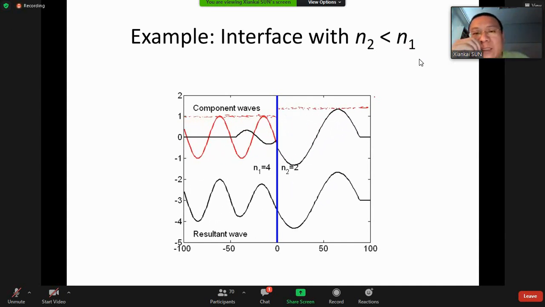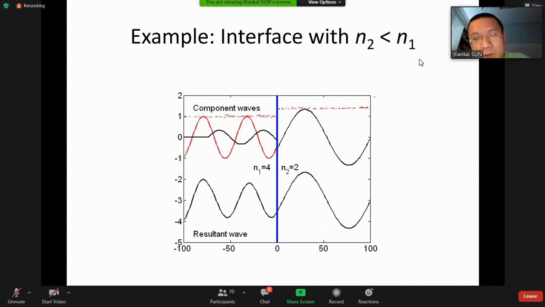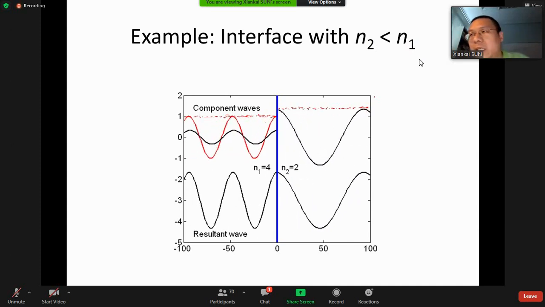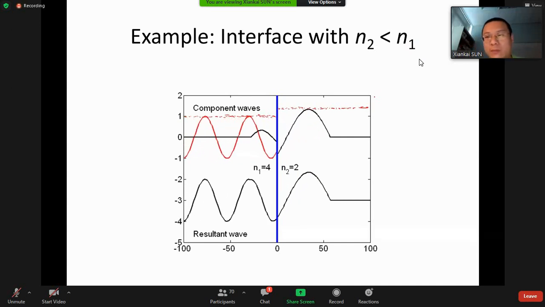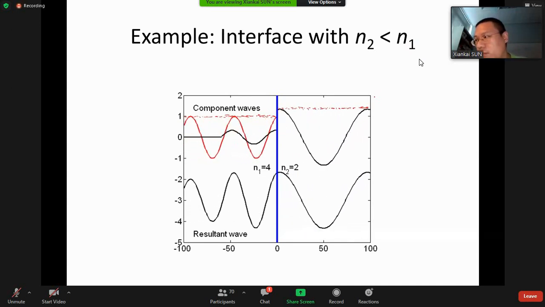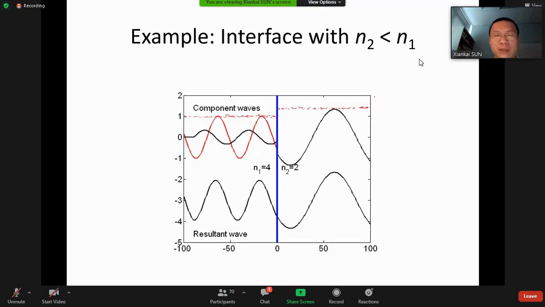Actually, the answer is yes and no. Yes, you do have a transmitted wave with a larger amplitude than the incoming wave, but that does not mean that energy is not conserved.